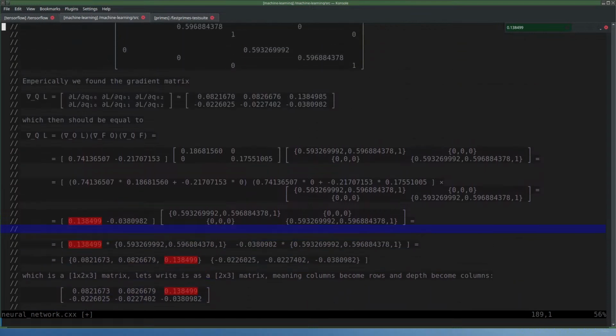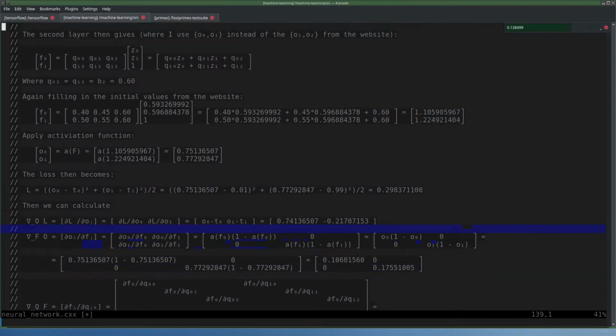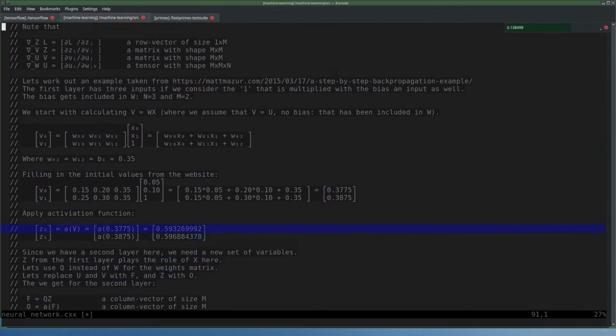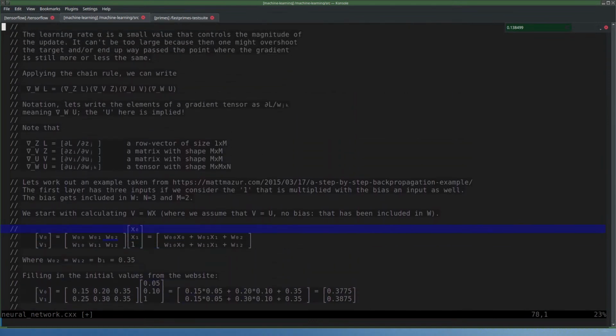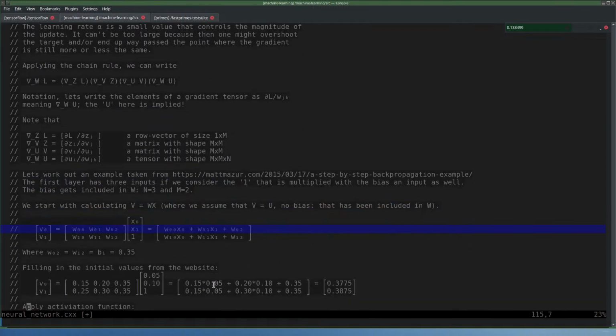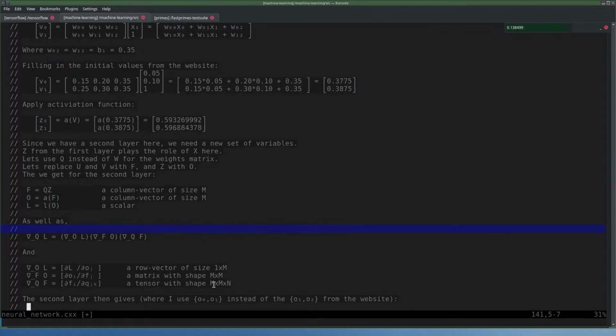And I call that for the first layer Z. Yep, Z is the output after the activation.